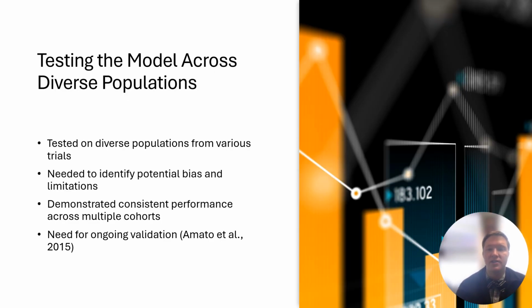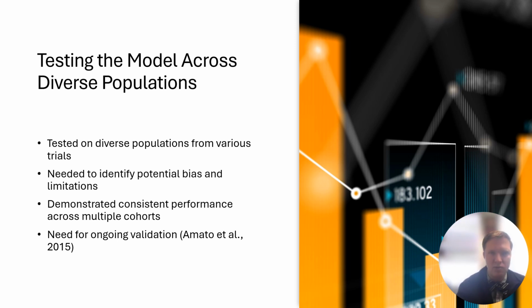We need to make sure that this model will apply to different types of patients who have ARDS. So it was tested in diverse patient populations from various clinical trials. This was a pretty crucial step to make sure that there's no bias or limitation in one of the data sets. By demonstrating consistent performance across multiple different cohorts, the study really established the model as a reliable tool for guiding ARDS management.